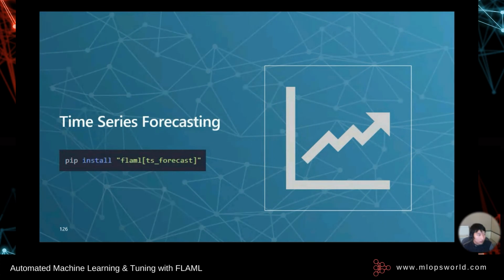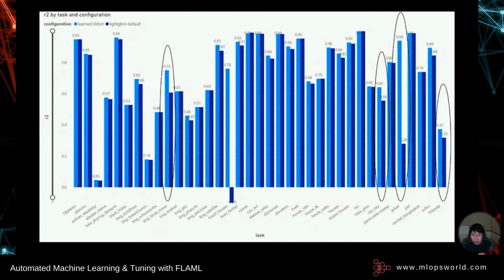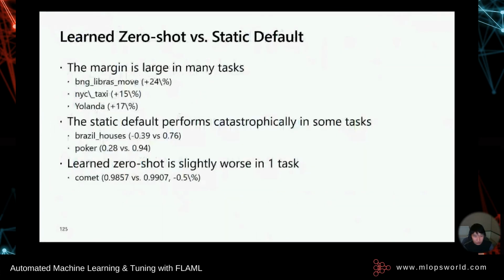Yeah, as I mentioned in this experiment, it consistently outperforms or equalizes in most cases, but there's no guarantee it's true for every task. But we see that in most cases it's either better or very close to the static default in our empirical study on a very large set of diverse tasks, and you can find more evaluation results in the paper.